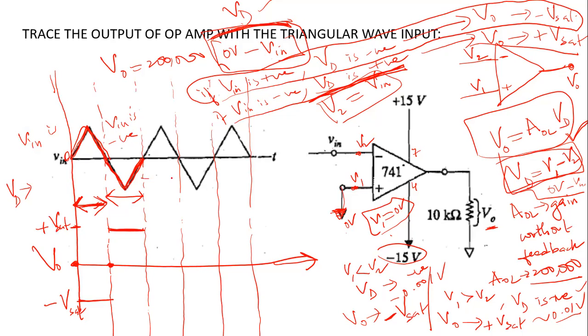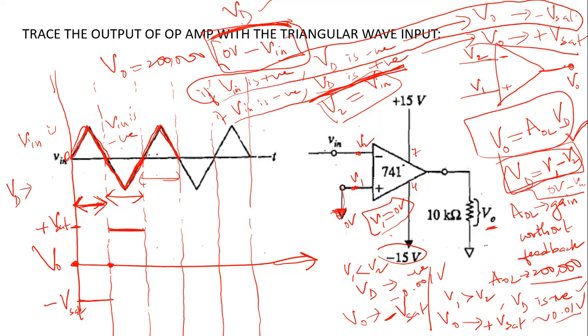So again, in this interval, your Vin signal is like this, which is greater than 0 volt, which means this is a positive signal. If Vin is positive, looking at this equation, VD is equal to V1 minus V2. V1 is 0 volt, V2 is your Vin.